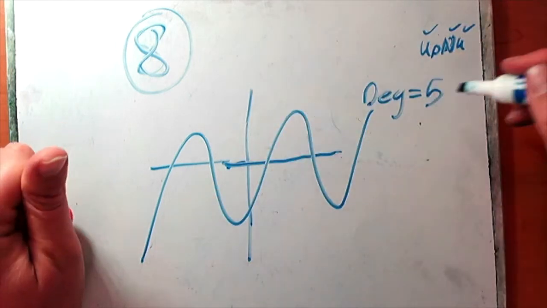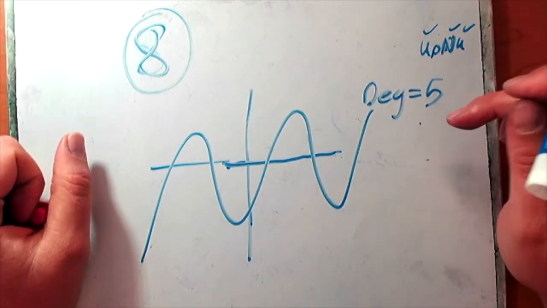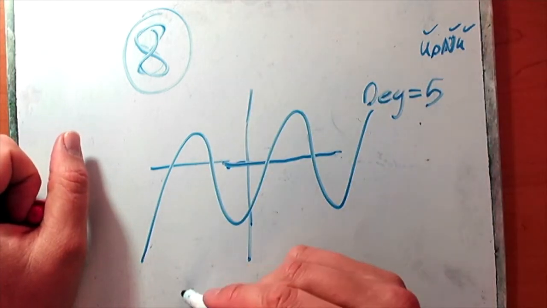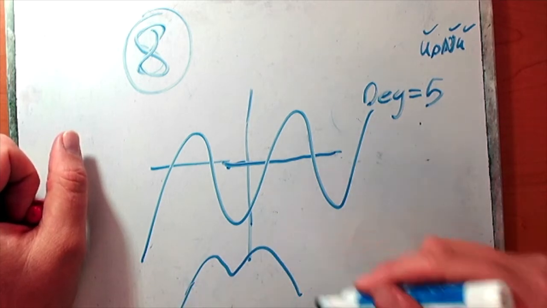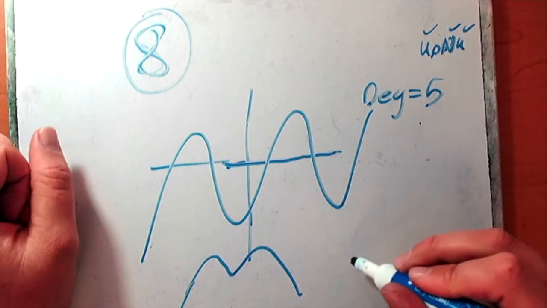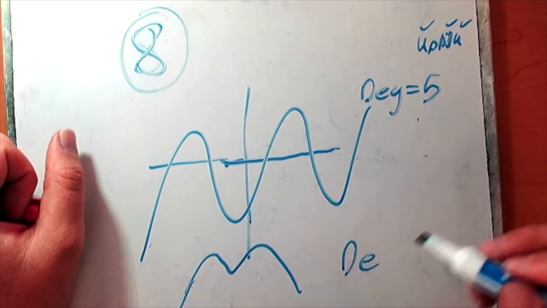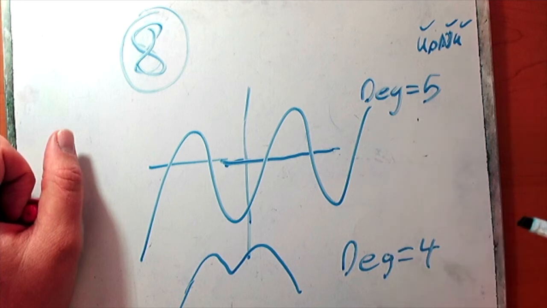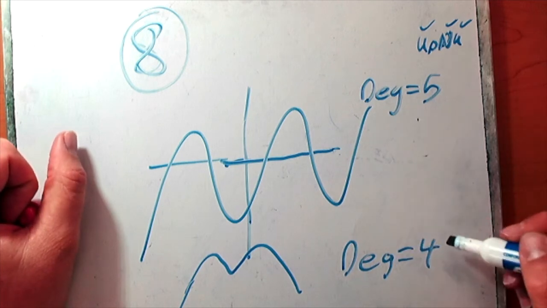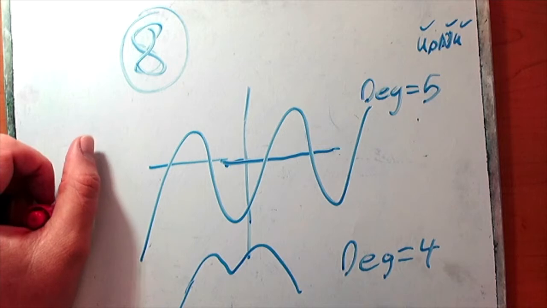So you're able to solve the degree by how many times it changes. You'll also notice that if something ends and finishes on the same direction, that's an even number degree. So this would be up, down, which is degree 4. That is an even number because it ends facing the same direction.